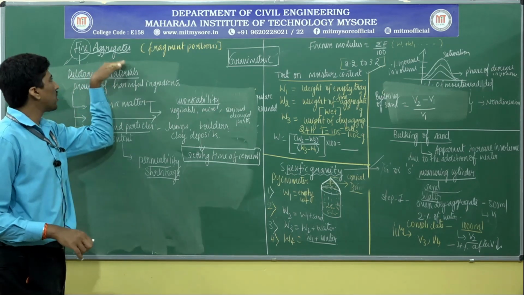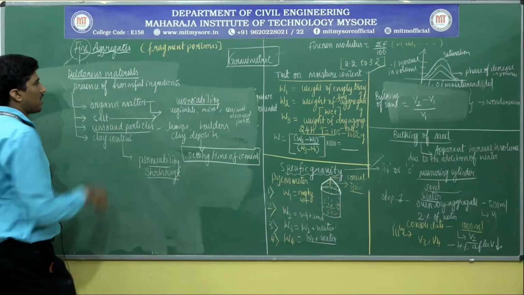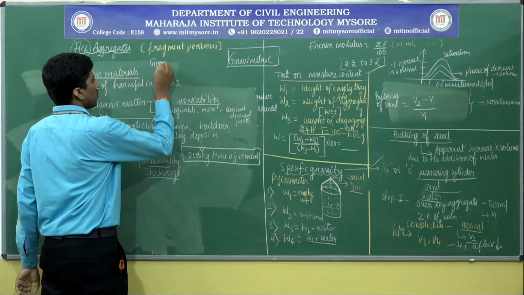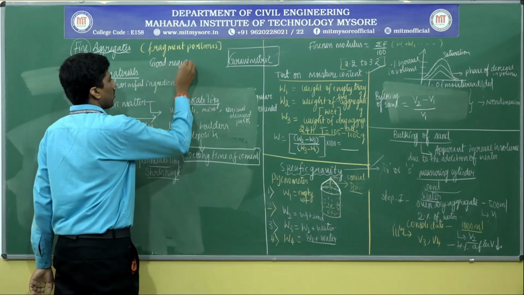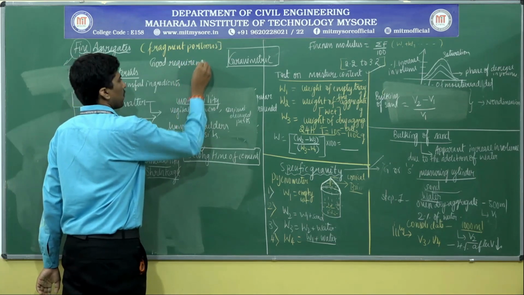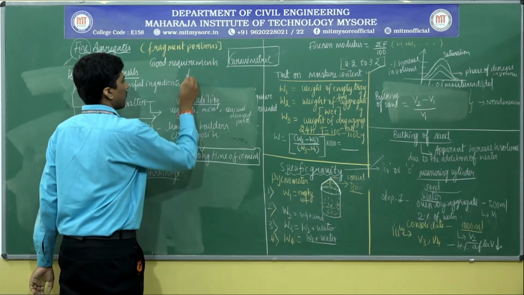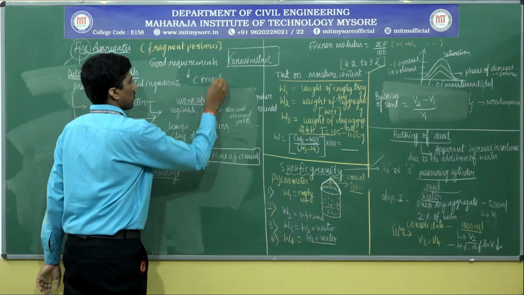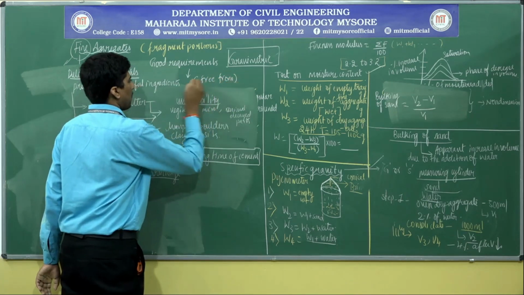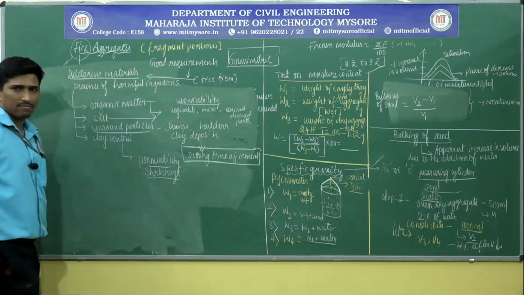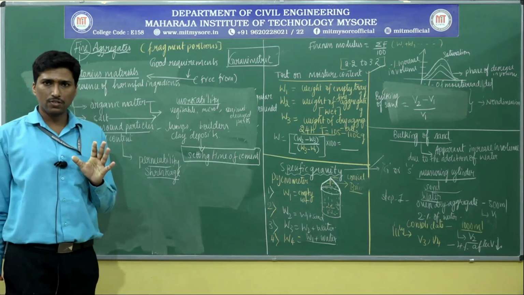This is what we call a good requirement for a fine aggregate. Good requirement means what? It has to be free from the deleterious materials. Getting the point clear for this?